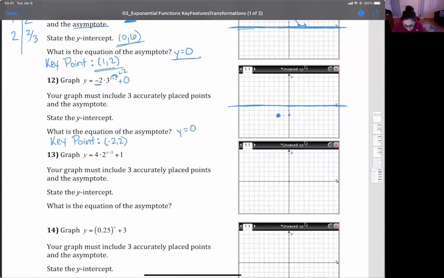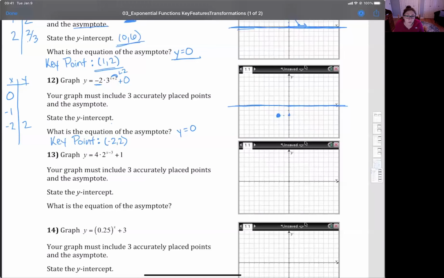And then I need the y-intercept, and I need 2 more points. So I'm going to again make a table. So x, y, y-intercept happens when x is 0. I've also already have the point -2, -2. So I'm going to try and get the point -1, whatever. I'm just filling in the one that's in between those.